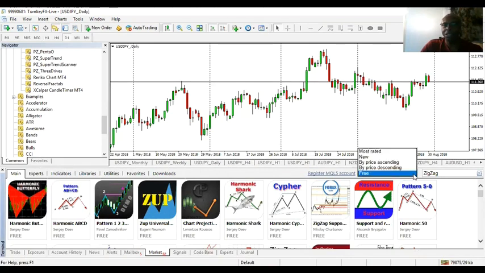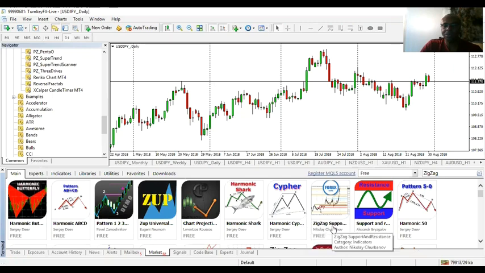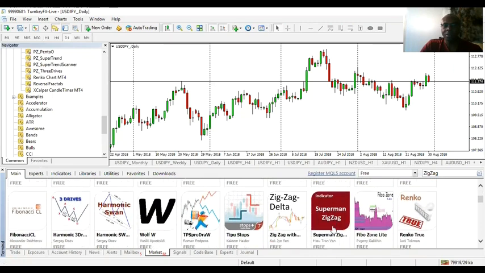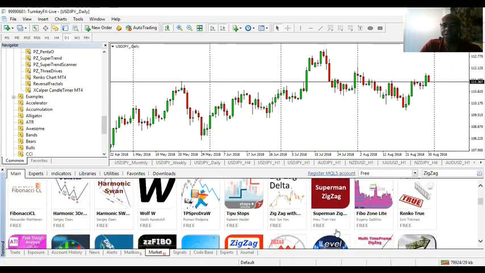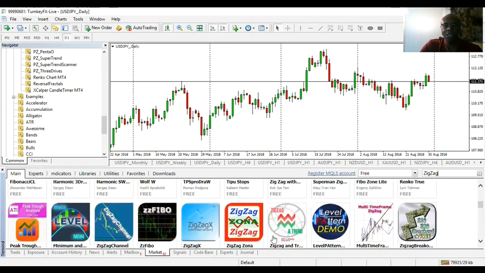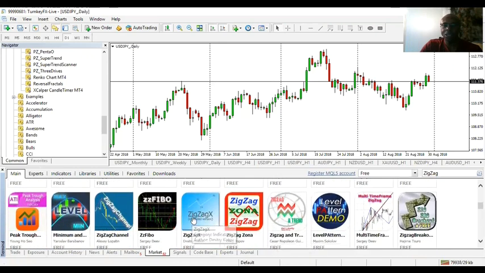You have options here. Select free, and then type in zigzag, and you'll come up with a list of indicators. I would suggest maybe trying this one, it looks like a pretty good one. You can maybe try that.